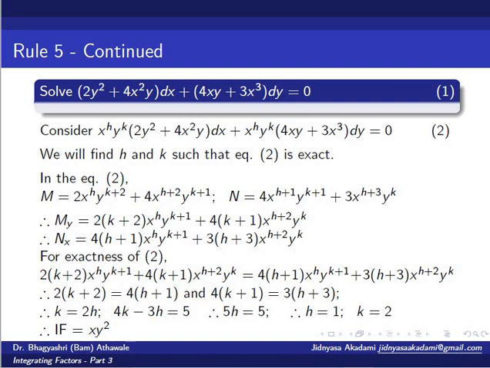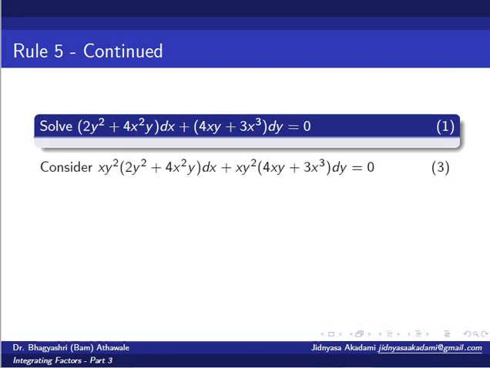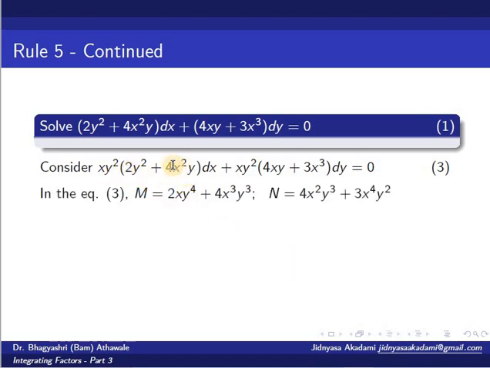Let us multiply our differential equation by x y square, and so my new M is 2x y raised to 4 plus 4x cube y cube, and N is 4x square y cube plus 3x raised to 4 y square. Let us check whether ∂/∂y of this term is equal to ∂/∂x of this term.